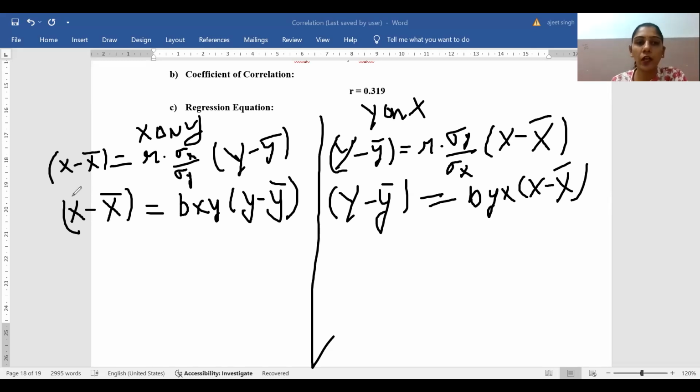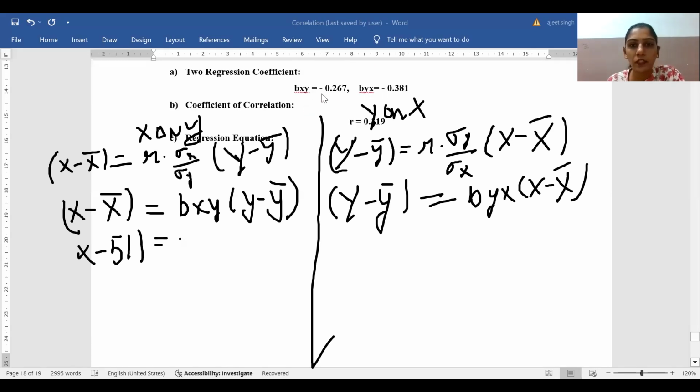So let's first find out the equation of x on y, which is x minus mean of x, which is 51, which we have already calculated, is equal to bxy. bxy is minus 0.267 and byx is minus 0.38.